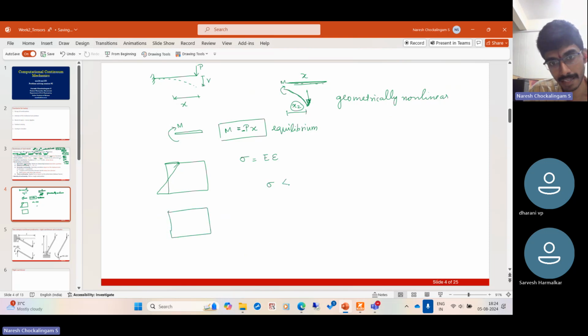So stress is always less than or equal to the yield stress. So once the beam starts yielding, you will have a distribution like this. So the stress will be capped at a value sigma y. When you have plasticity, the stress can never exceed the constant value sigma y. But this is a nonlinearity.